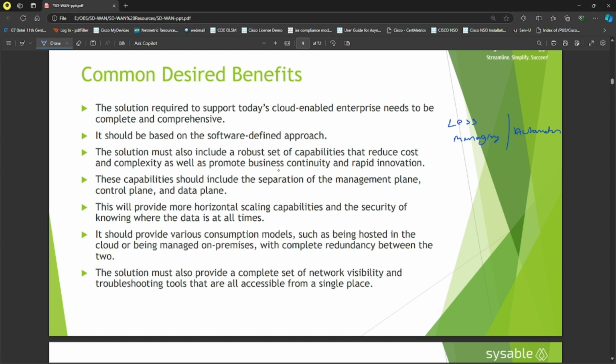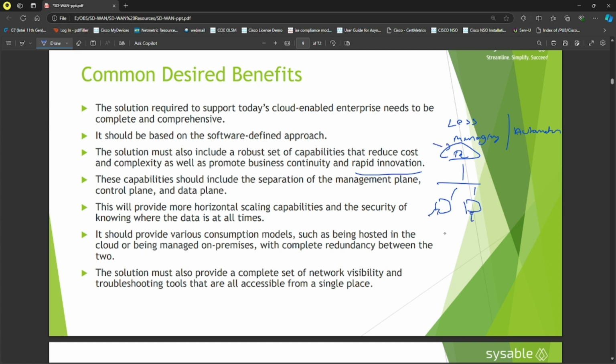The solution must include a robust set of capabilities that reduce cost and complexity as well as promote business continuity and rapid innovation. The capabilities should include the separation of the management plane, control plane, and data plane. So again, in the traditional way, if you look at the hub and spoke topology, the management plane, control plane, and data plane all lie on the same device itself.